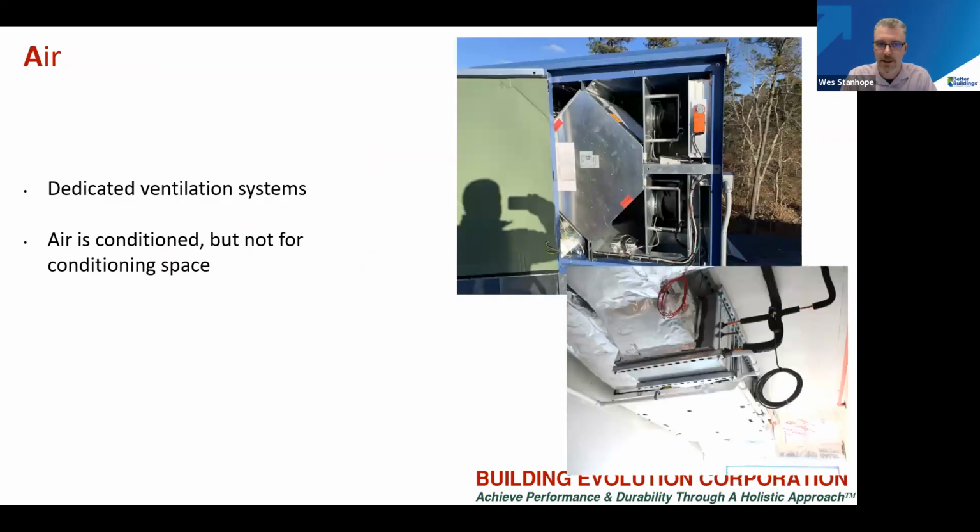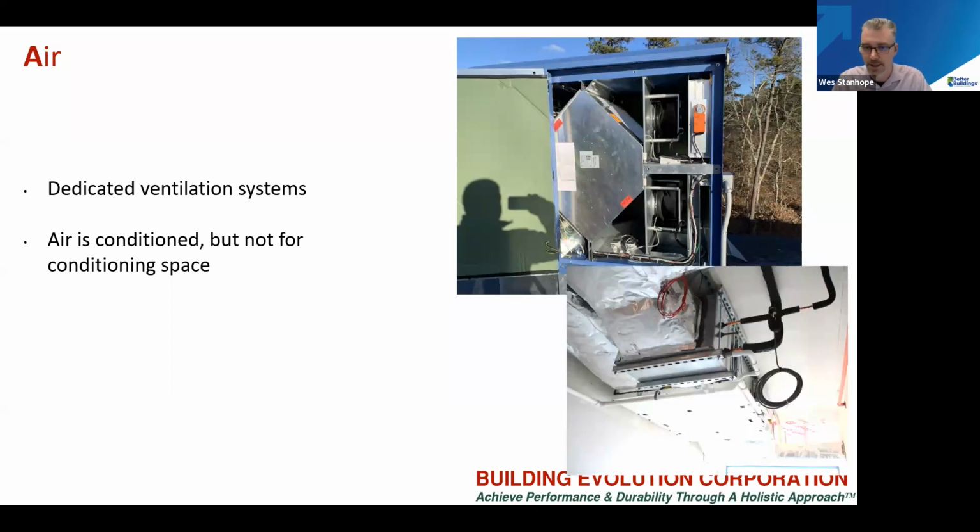One of the things that's key on buildings, and especially with electrification projects, is the ventilation. We need to ensure that the ventilation systems are dedicated for indoor air quality. They're separate from the actual space conditioning systems.